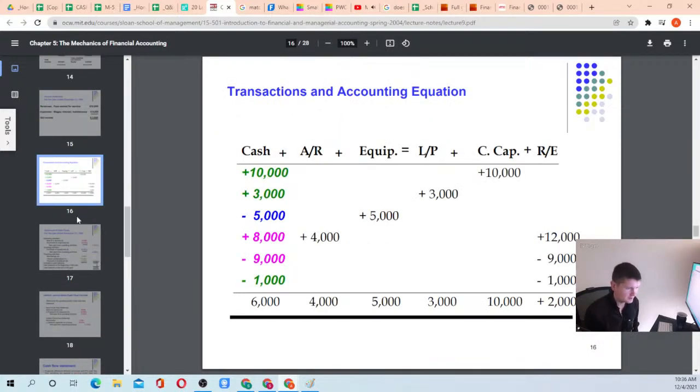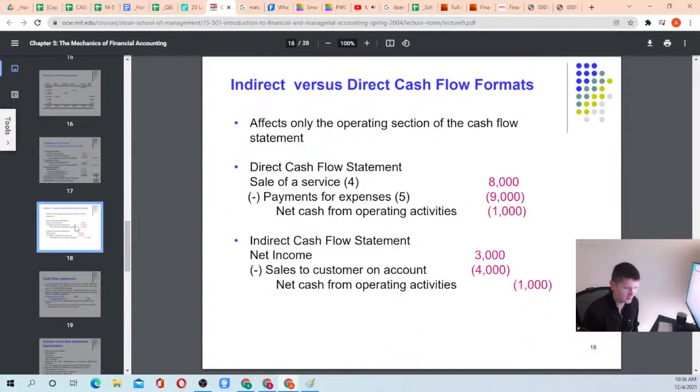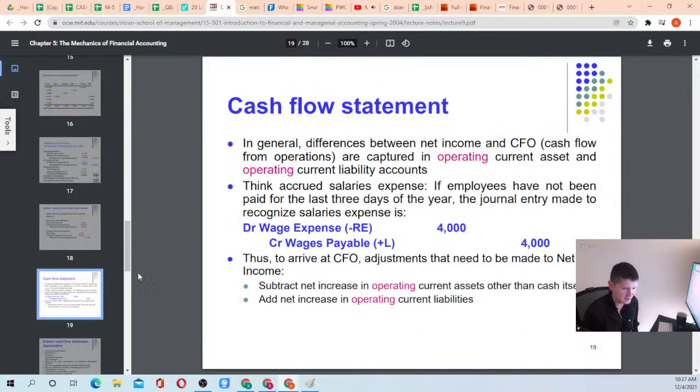So we covered where we will show the items for these. In the cash flow statement, in general, differences between net income and cash flow from operations are captured in operating current assets and operating current liability accounts. So that's where receivables, accounts payable, and accounts receivable will kick in.